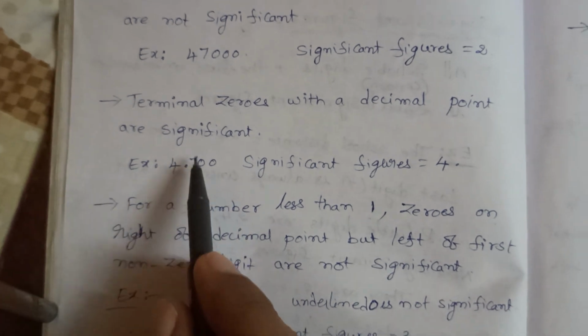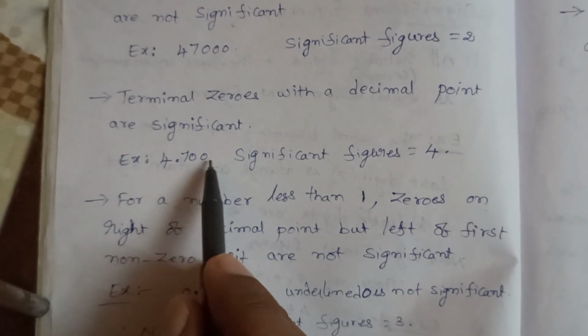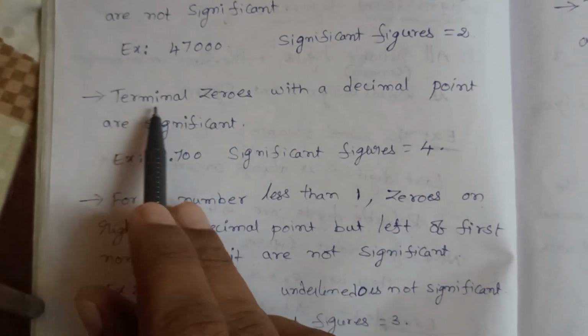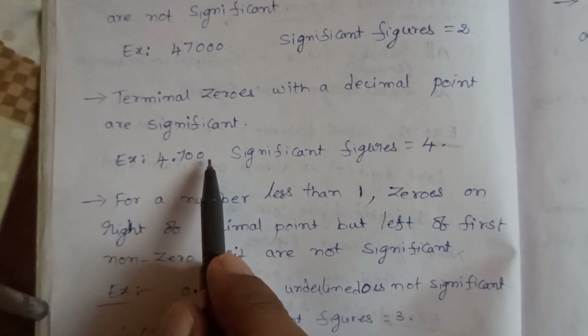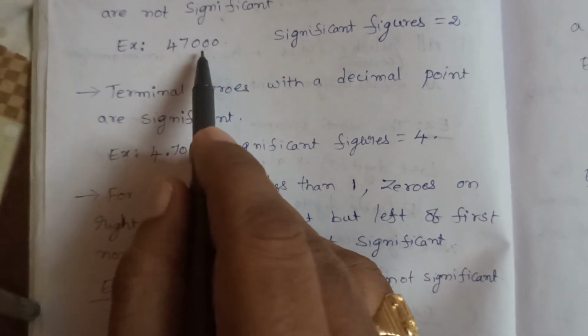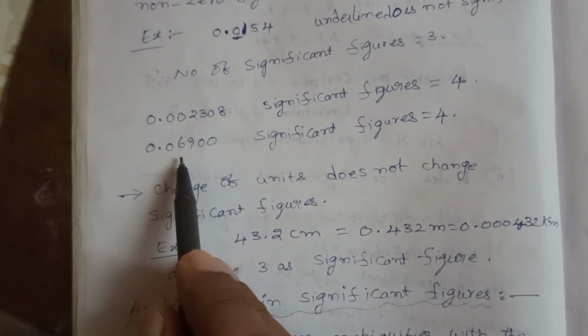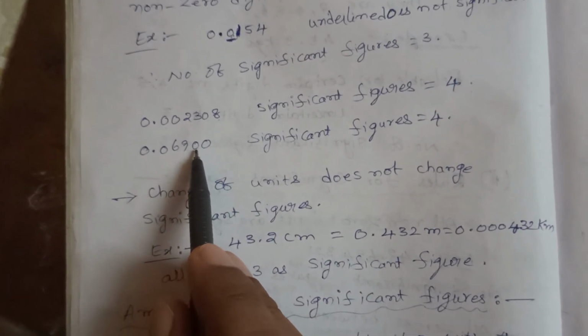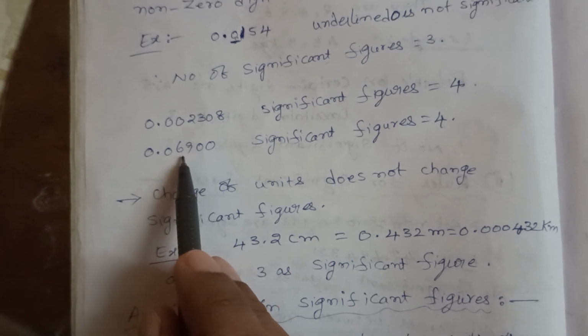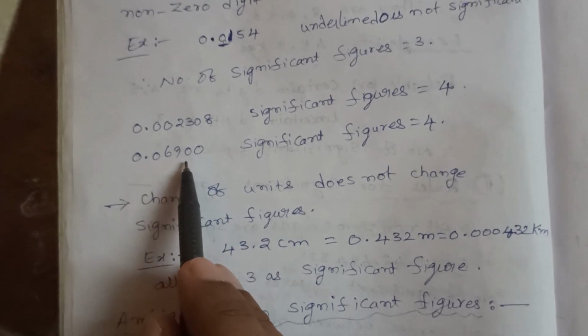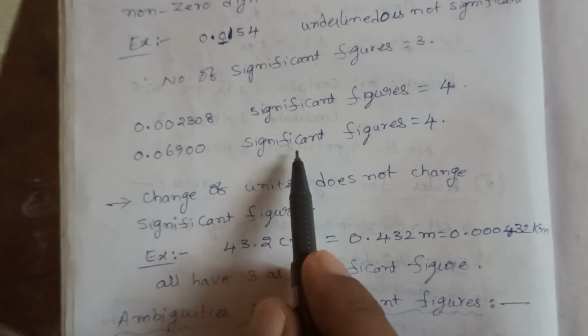Terminal zeros, the last zeros after a decimal, are considered. Without a decimal they are not considered. Here the decimal point is there, so that's why these two zeros are considered. That's why the number of significant figures here is 4.